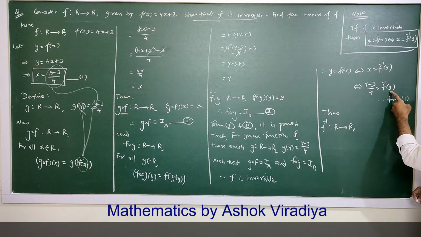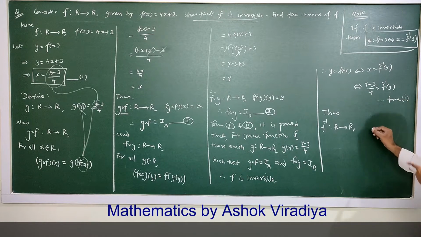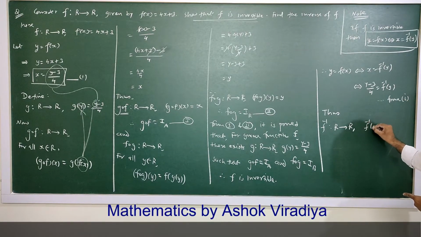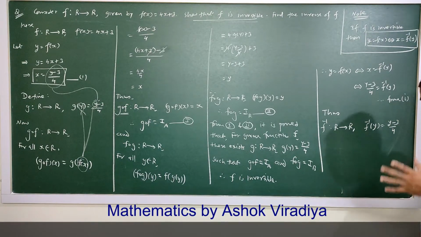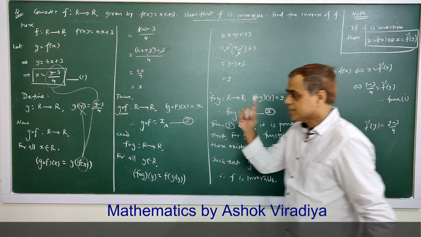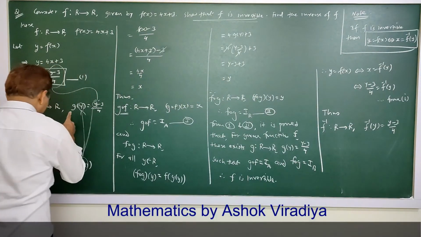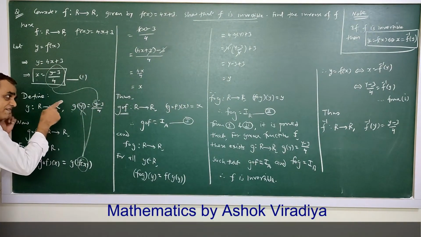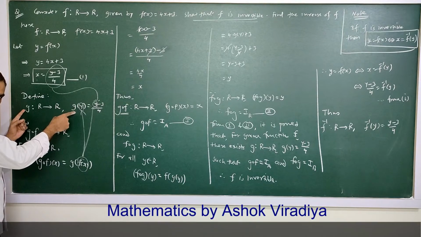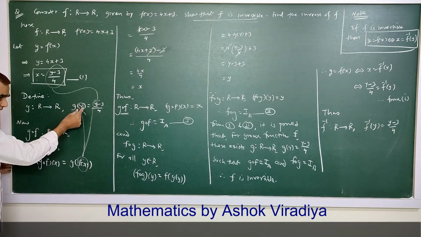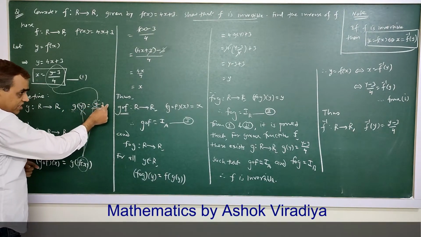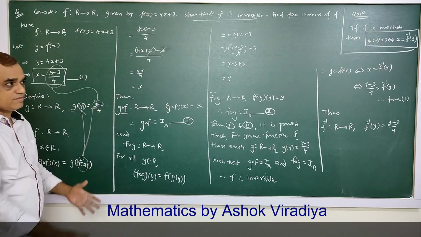And this is the formula for f inverse: f inverse of y equal to (y − 3)/4. In short, this function g is itself f inverse. F inverse of y is (y − 3)/4.